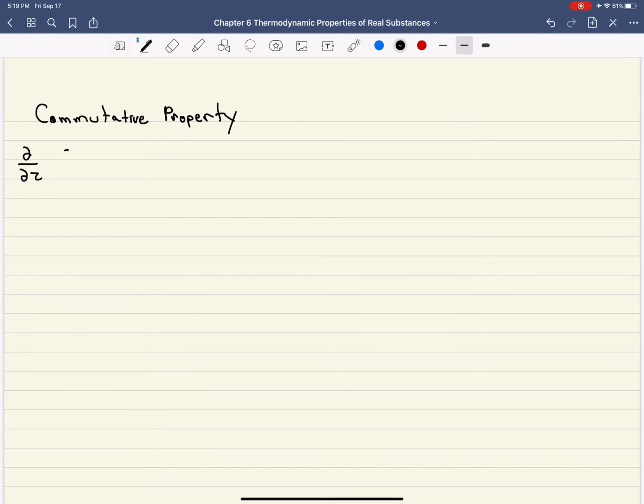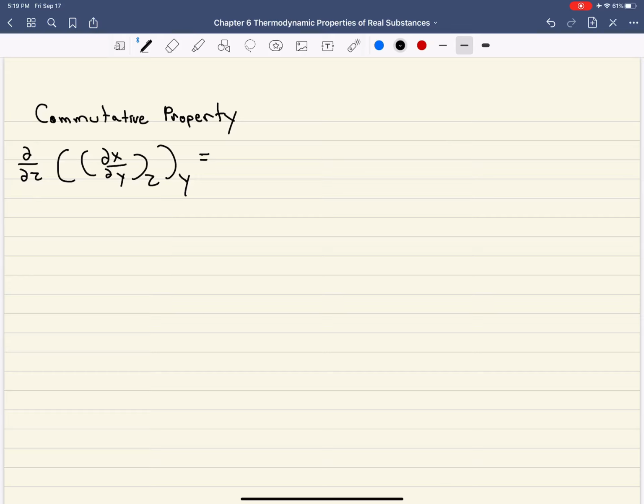let's say that we had dx dy at constant z, and then we took the derivative of this with respect to z at constant y. Okay? What the commutative property tells us is that we could switch out the order of derivatives here.